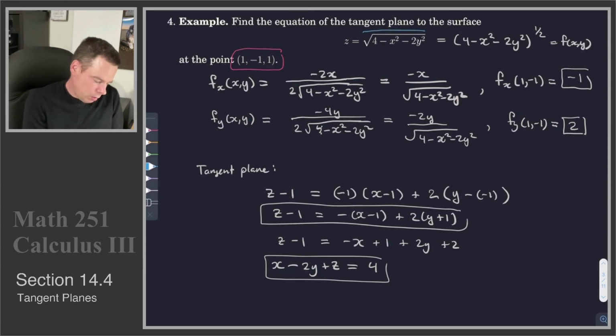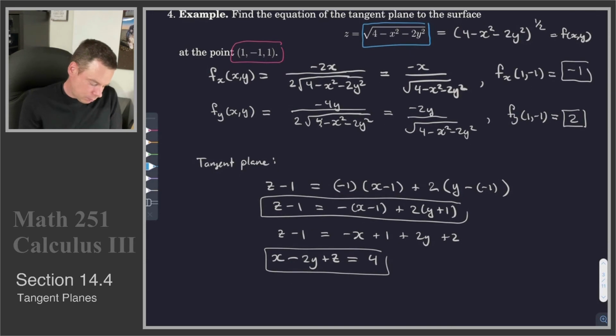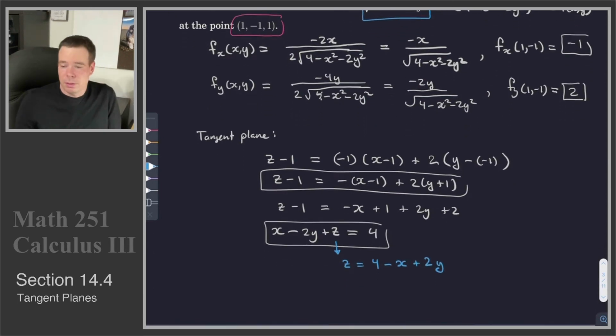We had our function, in this example the square root of 4 minus x squared minus 2y squared. From that, we built the equation of the tangent plane. Now, if I take this equation of the tangent plane and solve for the variable z, I recognize that the tangent plane is just the graph of this function. This function is a linear function, so I'll call it L of xy.